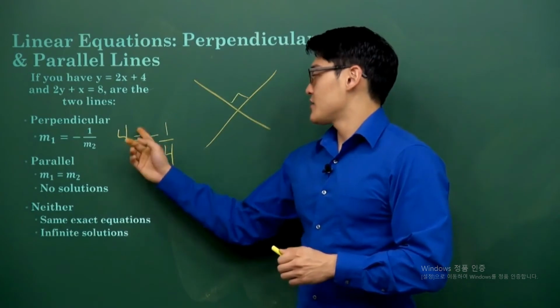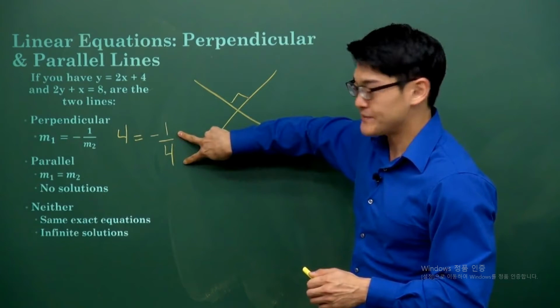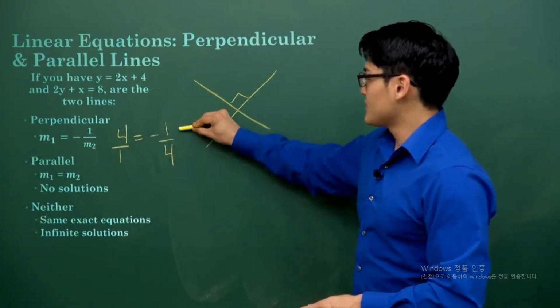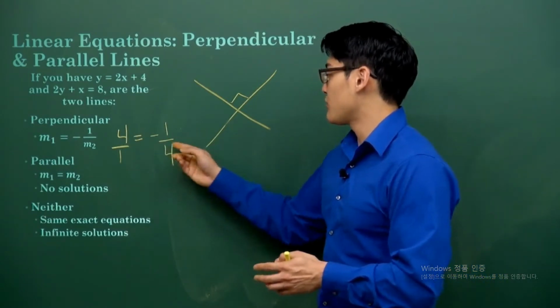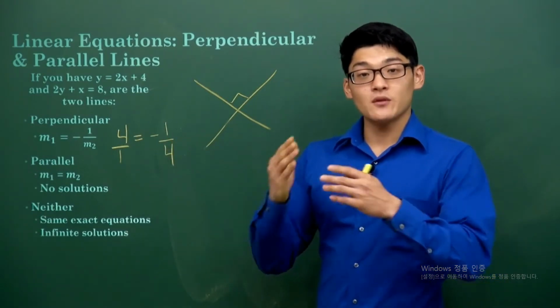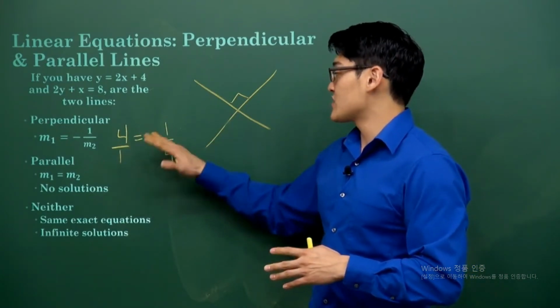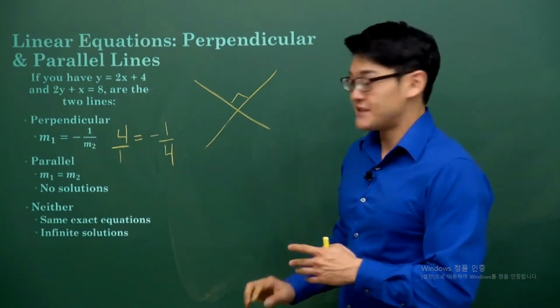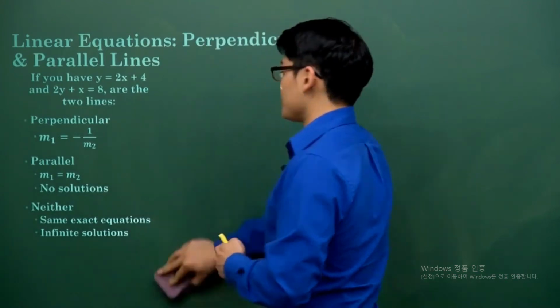We just took the reciprocal of 4, which is 1/4, by flipping it into a fraction, and we made it negative 1/4. So if the slopes are 4 and negative 1/4, then the lines are perpendicular. That's what perpendicular means.